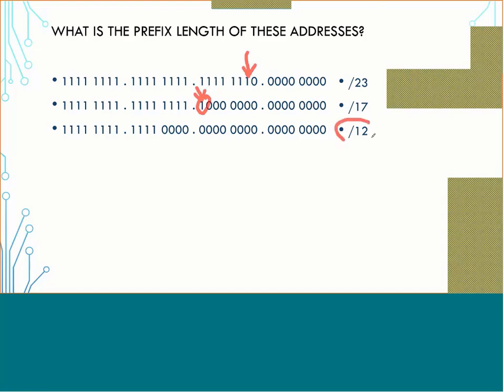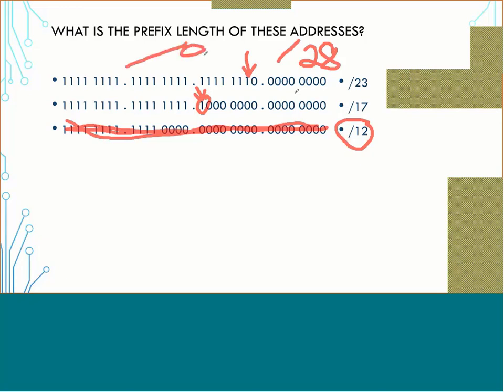Now, what if you had a prefix length and you did not have the binary? Could you still figure out what octet you're in? Yeah. So what octet is this one in? The 2nd. How about a /28? What octet is a /28 in? 4th, okay?